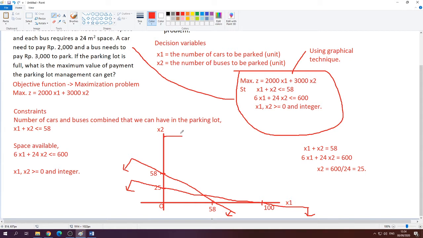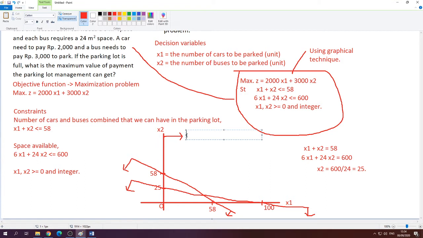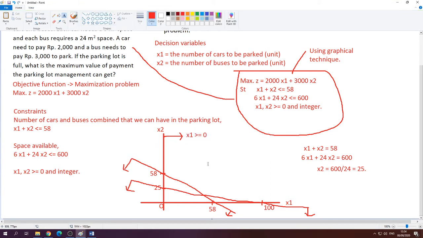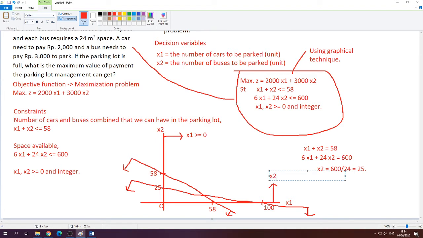So we go to the right, so that's the area of x1 positive, and the area of x2 positive is starting from 0, 0, and you go up. So this is the area for x2 bigger than or equal to 0.